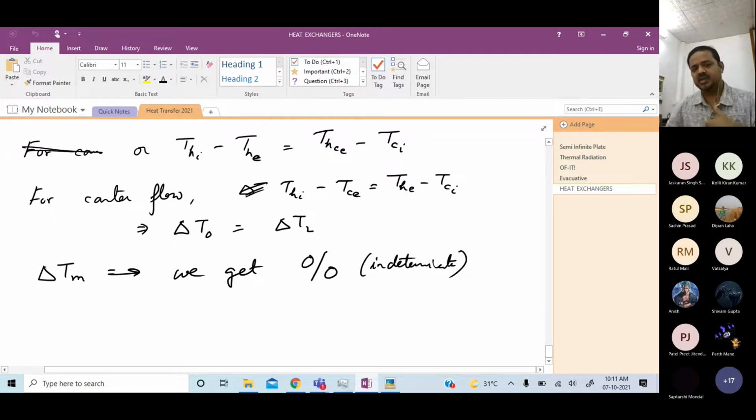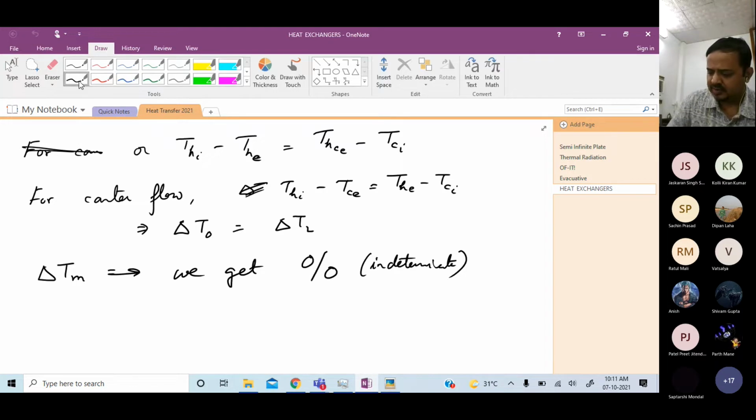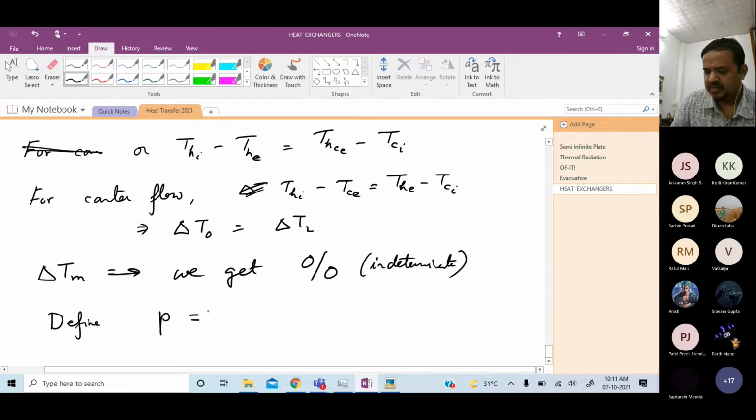Just because it is 0 at the top and then again 0 at the bottom. So what do we do? This is where we stopped yesterday. So we will define a parameter, let us say P equals delta T 0 over delta TL.